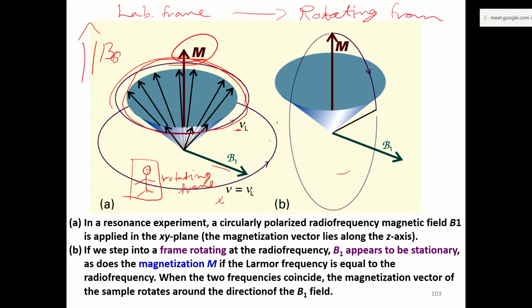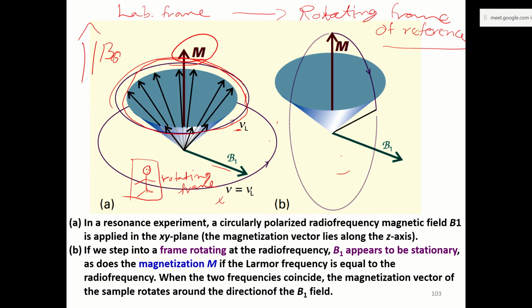Then what appears to me is B1 in the rotating frame of reference. Whether something is moving or not, and what its speed is, all depends on the frame of reference. It is similar to a situation where two cars are moving at the same speed.